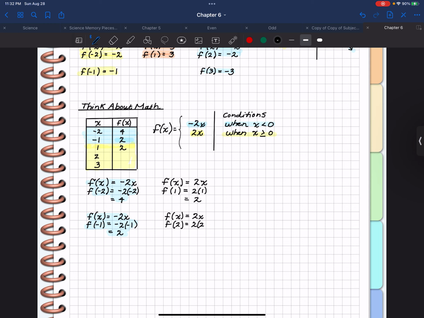So 2 times 2 is 4. And then f of x is 2x when x is 3. So 2 times 3 is 6.